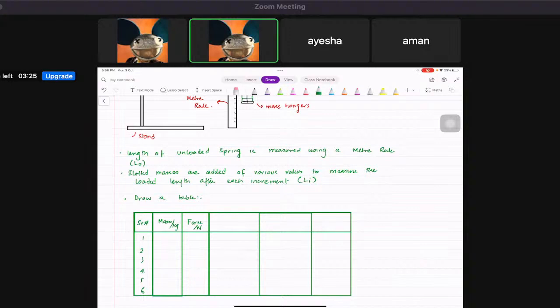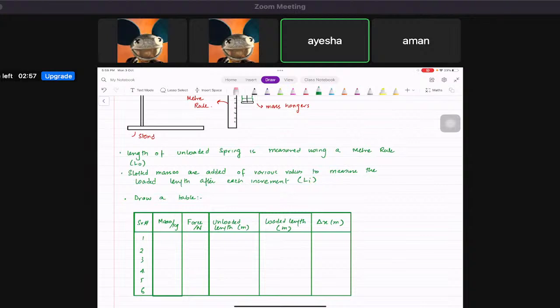Then you also have the unloaded length, the one when there was no mass, in meters. And then you have the loaded length, in meters as well. Then you can find the change in length, which is the extension, by subtracting these two. So you get the extension as well. Is it clear? Any questions now? No, sir.